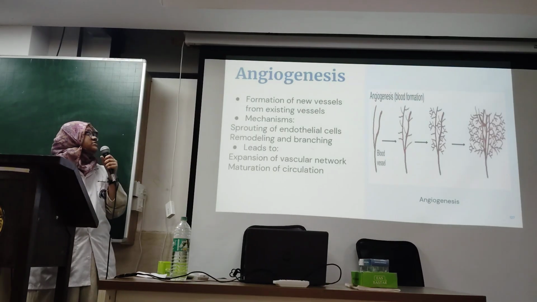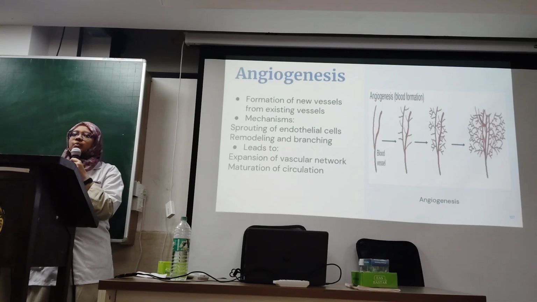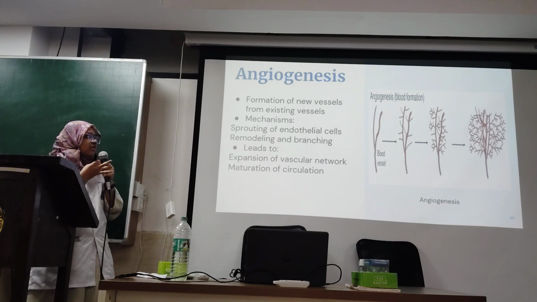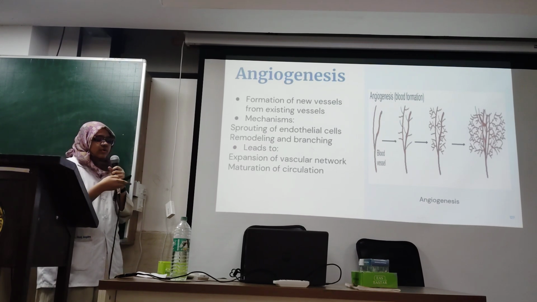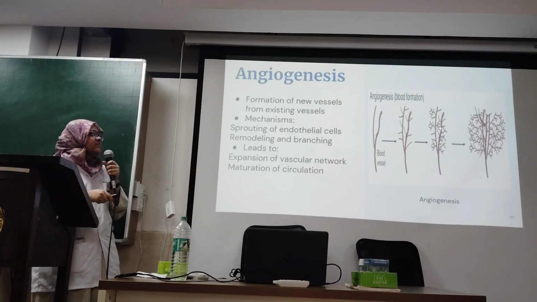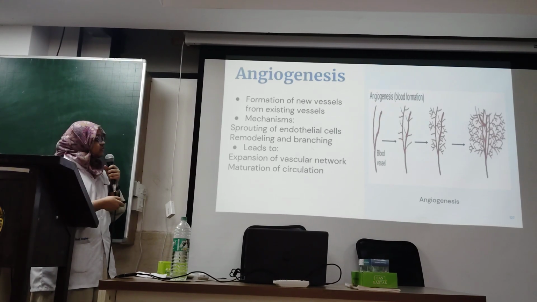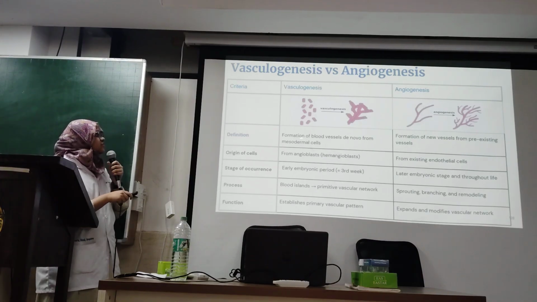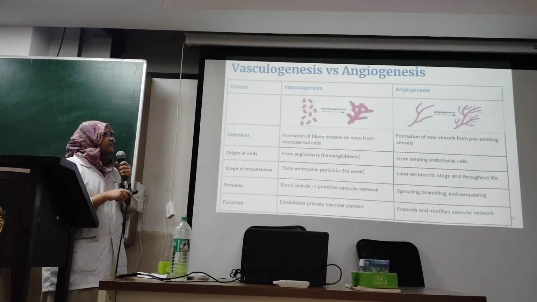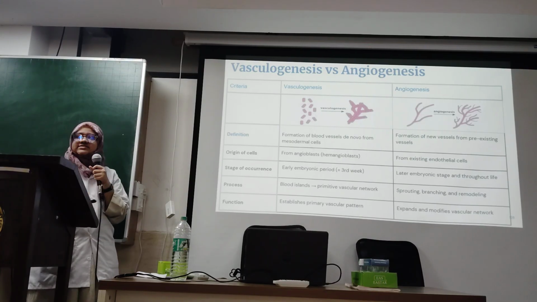Then we have the process of angiogenesis. After vasculogenesis, angiogenesis occurs, which is the expansion of the vascular network. The endothelial cells that have already formed will branch out and sprouting will occur, and these will form a vascular network. To summarize, vasculogenesis is basically the formation of blood vessels de novo, while angiogenesis is formation from pre-existing ones.